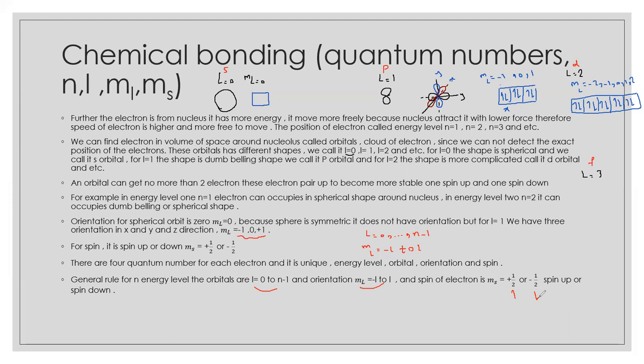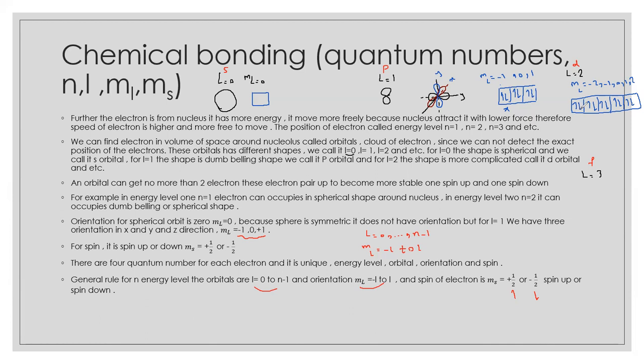In any atom, each electron has its unique set of quantum numbers. You cannot find any two electrons with the same quantum numbers. For example, for these two electrons, let's say the energy level is 3 for both, l is 2 for both, and ml is -2 for both. But for spin, one of them is up, so the first one has ms of +1/2 and the other has ms of -1/2.